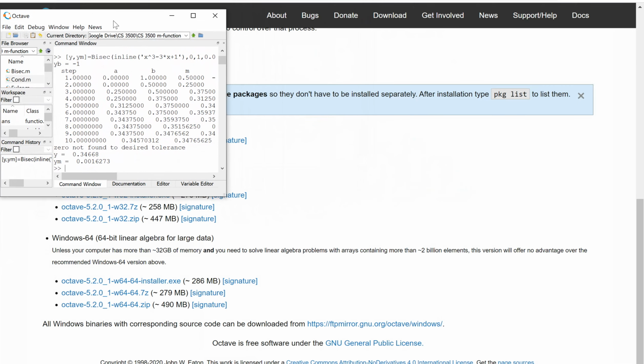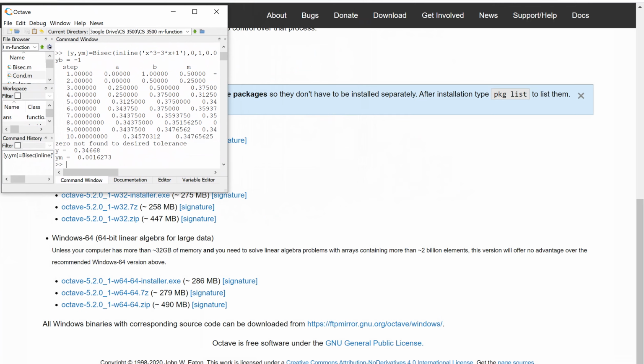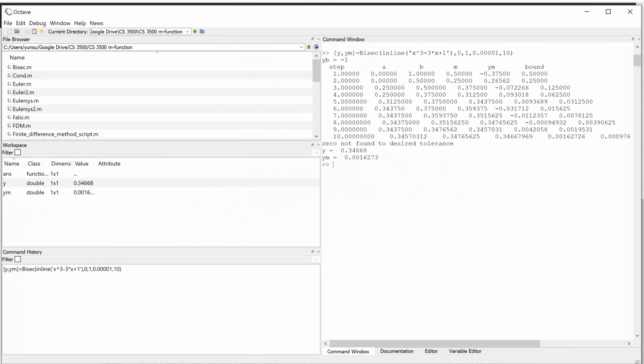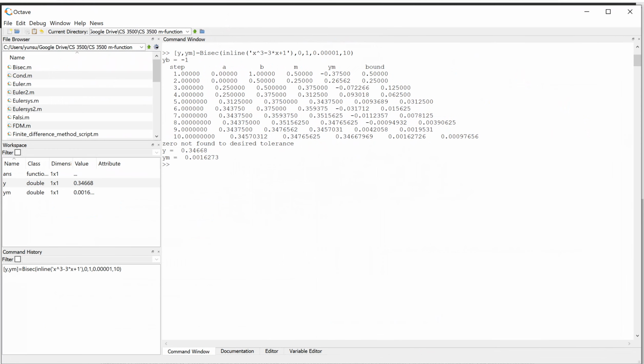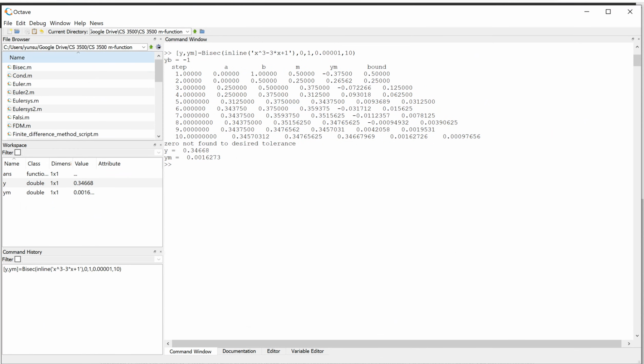Let me make it bigger. Okay, so this is the Octave after you download it. In each homework assignment, there will be some homework problems that require you to use MATLAB or Octave to compute. First, do you remember you download the M function files?